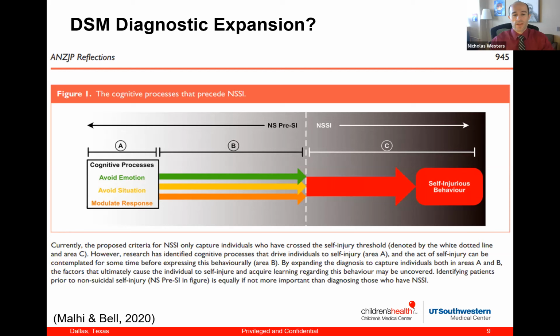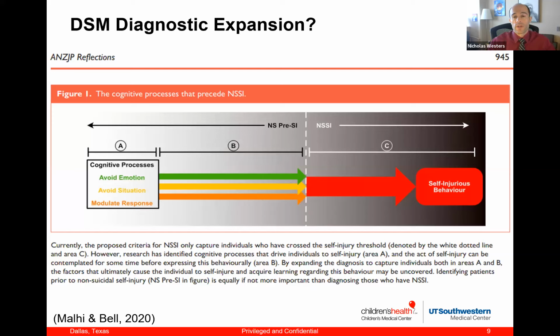By expanding the diagnosis, I'm reading the caption here, to capture individuals in both areas A and B, the factors that ultimately cause the individual to self-injure and acquire learning regarding this behavior may be uncovered. So identifying patients prior to non-suicidal self-injury is equally, if not more, important than diagnosing those who have self-injured. I think the nice thing here is it captures those who may not engage in the behavior, but experience emotionally distressing urges frequently that interfere with their day-to-day functioning.